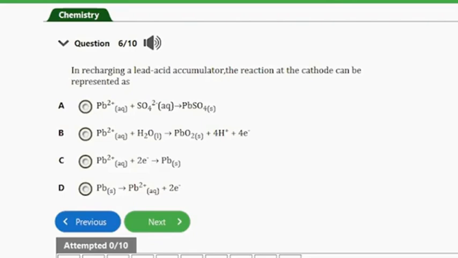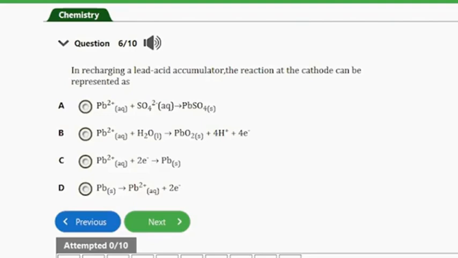Question number 6. In recharging a lead acid accumulator, the reaction at the cathode can be represented as, so we have a couple of options here from A, B, C, and D. But guys, looking at this, we already know that the answer to this question will be option C here, because we understand that the gain of electron occurs at the cathode.